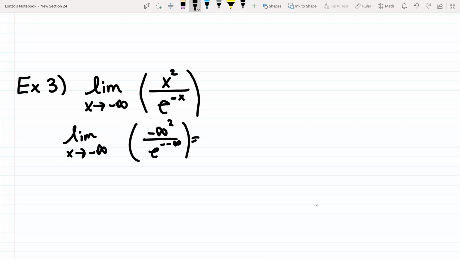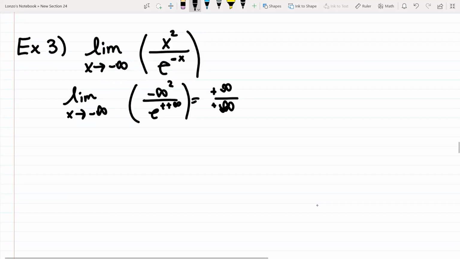So that would be positive infinity over positive infinity, because the negatives become positive. And what's e to a very large number? It just becomes positive infinity. So we have an indeterminate form, so we have to take the derivative. Let's do that.